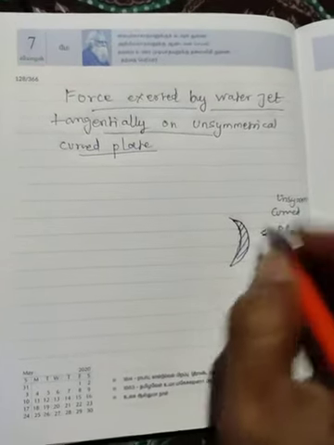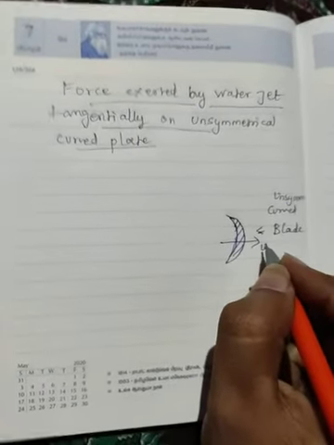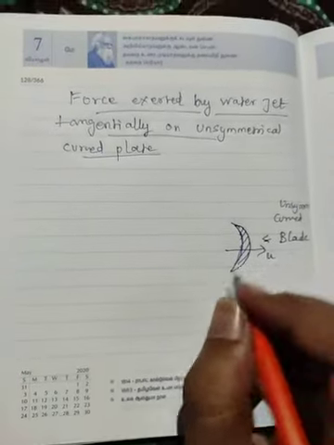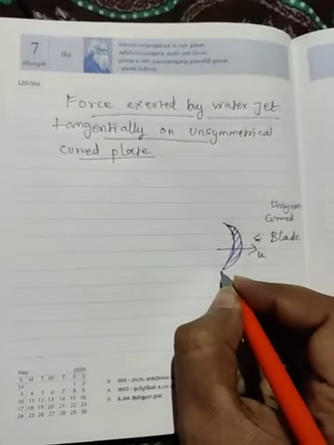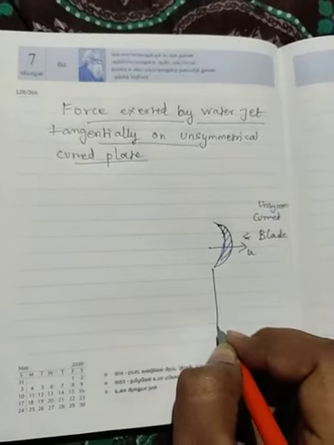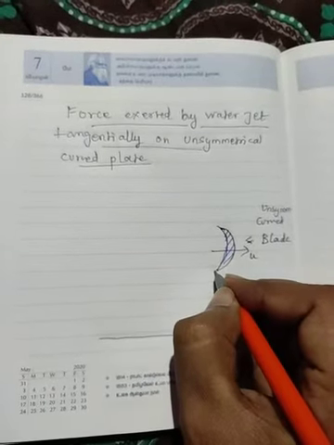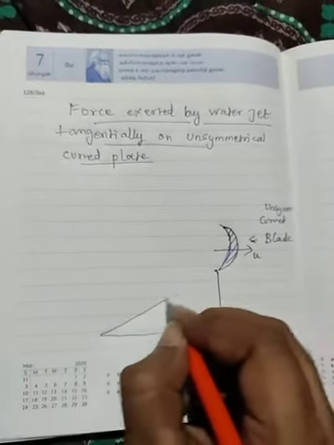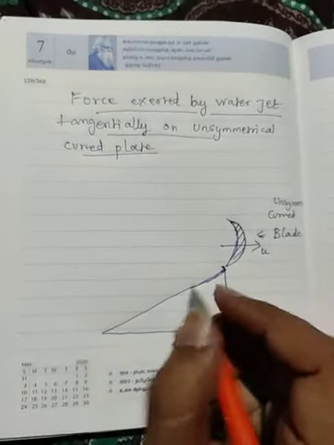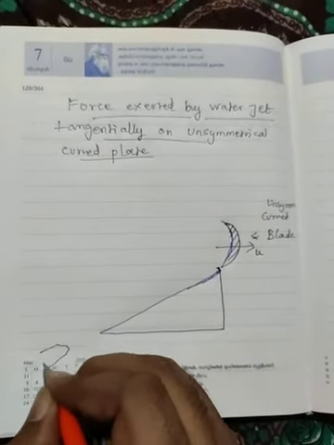These blades will be installed inside hydraulic turbines, for example the Pelton wheel. So these blades are all from the Pelton wheel. The blade obviously moves at a velocity of u, and water is striking tangentially through a water jet.